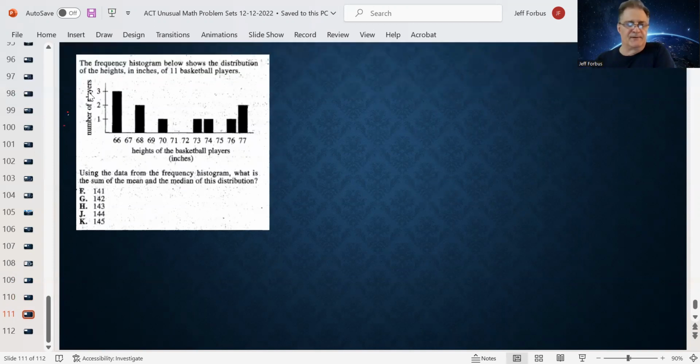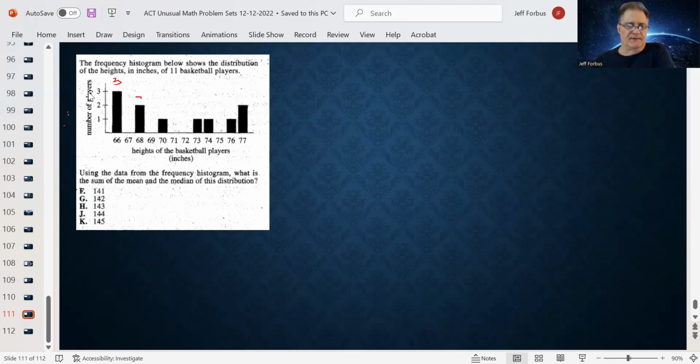The frequency histogram below shows the distribution of the heights in inches of 11 basketball players. So we have number of players on the y-axis and the height in inches on the x-axis. There are 3 players that are 66 inches tall.